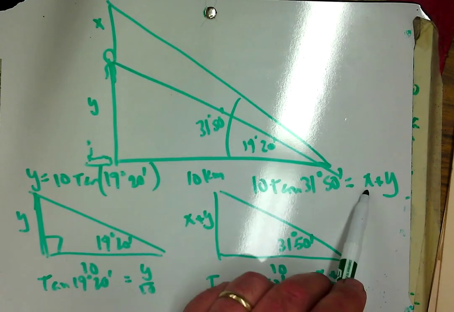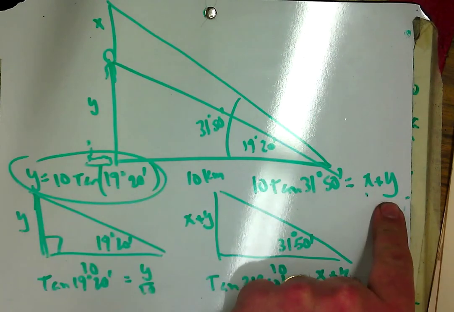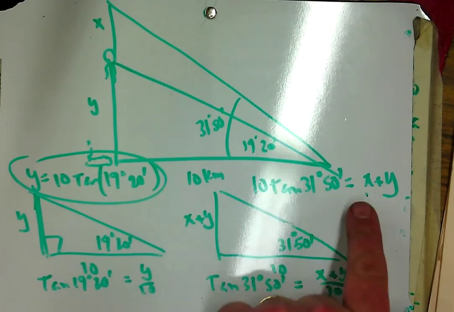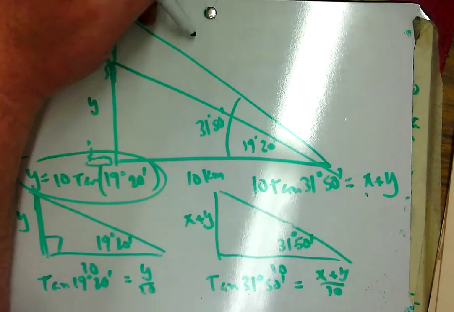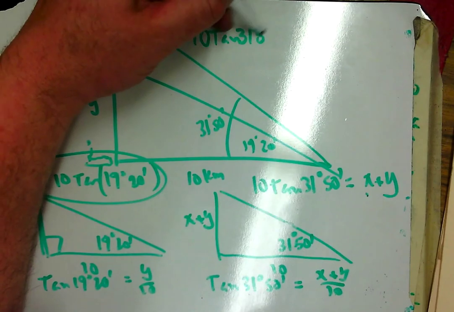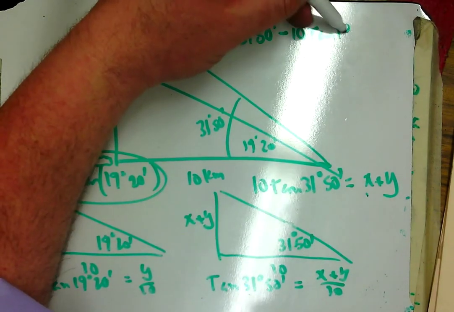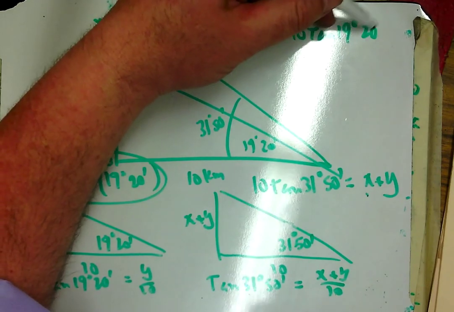Well, we're trying to find x, so if I take this and plug it in over here, I can subtract that amount from this to get what x is equal to. So that'll be 10 tan 31 degrees 50 minutes minus 10 tan 19 degrees 20 minutes.